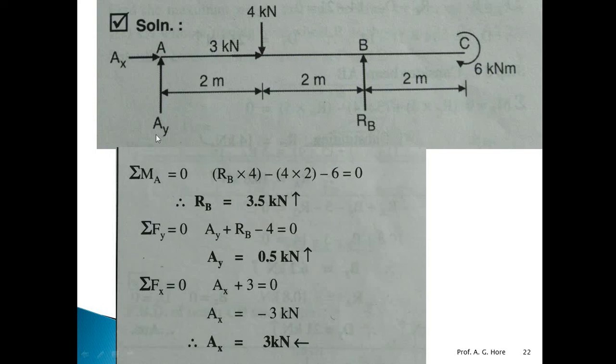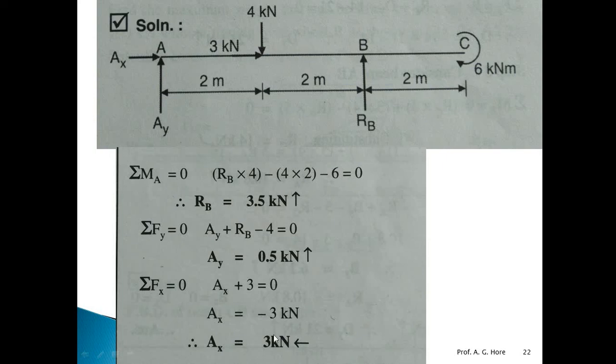If we apply the next equation, summation Fy: plus Ay minus 4 plus RB. So RB की value हमें already मिल गई है. Put that in this equation and you will get Ay. And summation Fx: plus Ax plus 3. So Ax is equal to minus 3. मतलब we assumed that this horizontal component Ax at point A is towards the right side, but it has a minus sign.